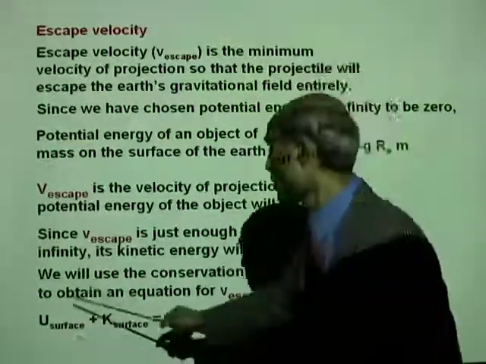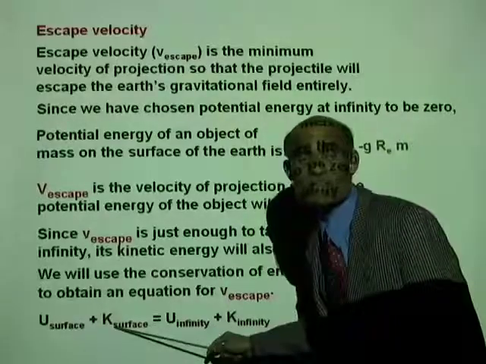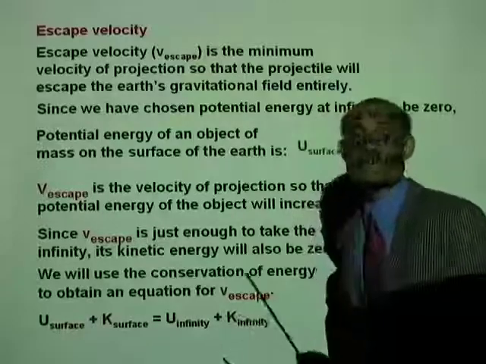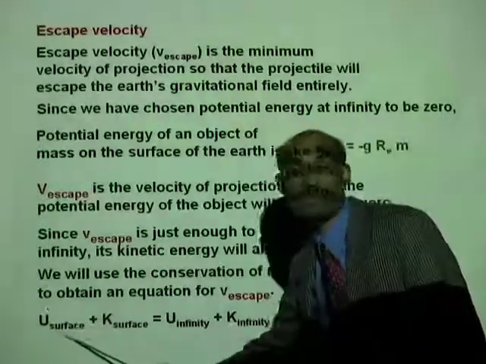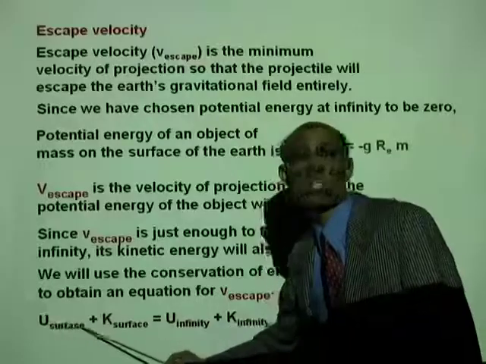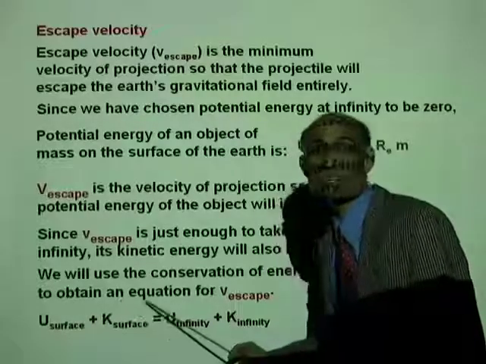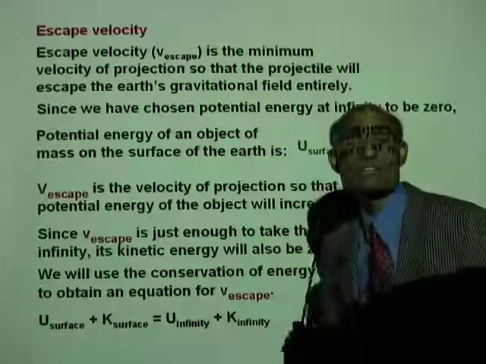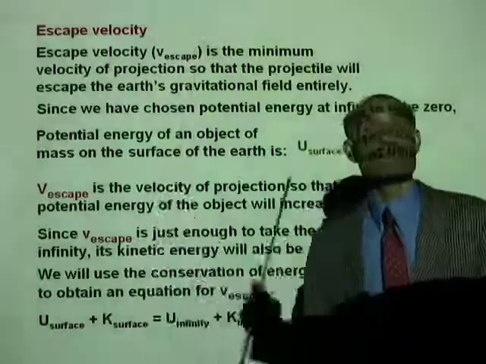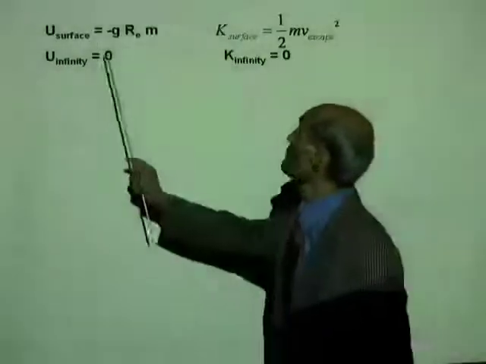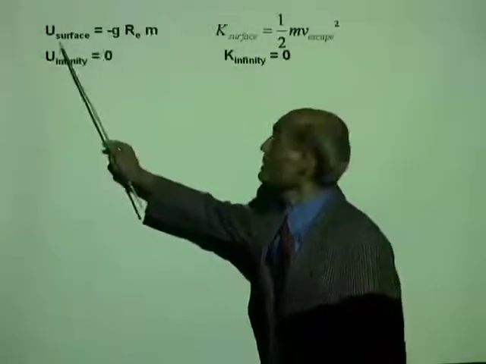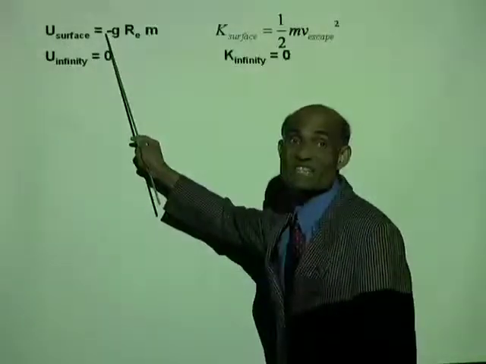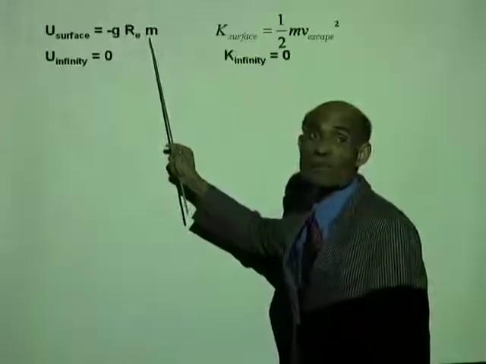All right, so U_surface + K_surface = U_infinity + K_infinity. The sum of the potential and kinetic energies of an object on the surface of the Earth must be equal to the sum of the potential and kinetic energies of the object at infinity. Well, we have all these values. On the surface of the Earth, the potential energy of the object is -g R_E m.